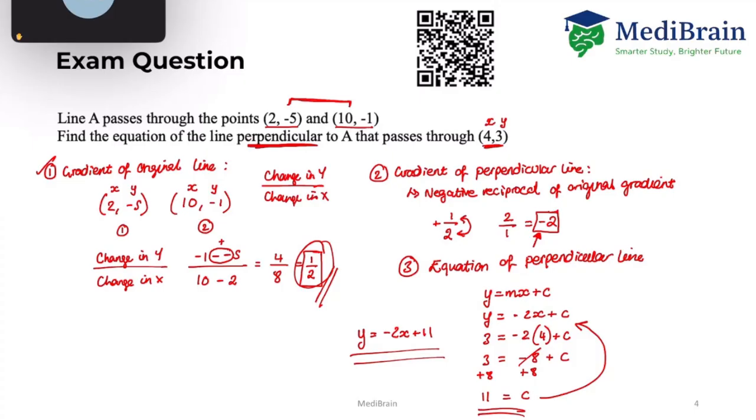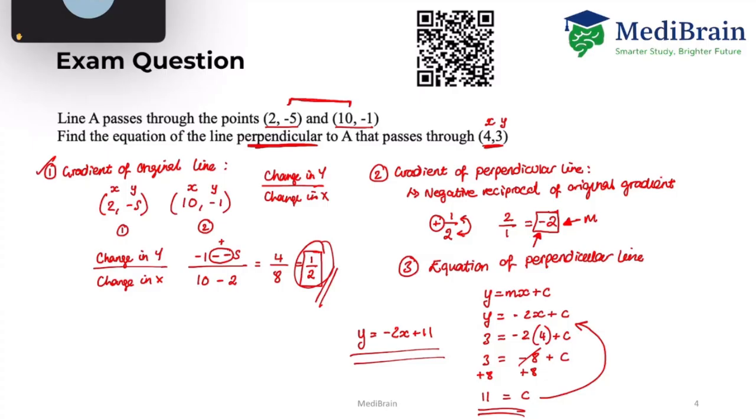So we just need to flip the numerator and the denominator around, which we did, and then it was originally positive, that turned to be negative. So the gradient of our perpendicular line is -2. Once we've worked out the gradient of the perpendicular line, we've got y equals mx plus c. We need to construct our new equation, and we know that m is going to be -2 because that's the gradient. So we have -2x plus c.